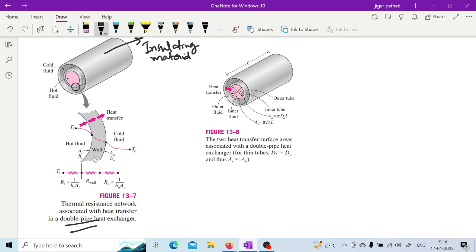As we have discussed, on both fluid sides you will have convection, right?